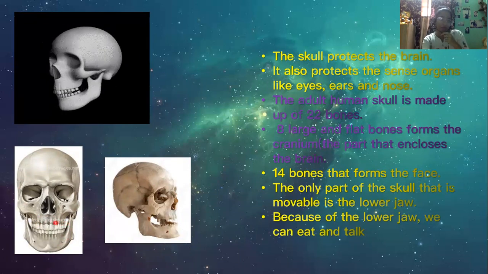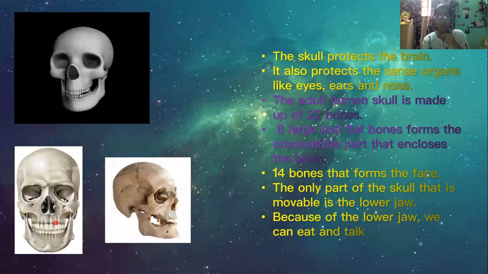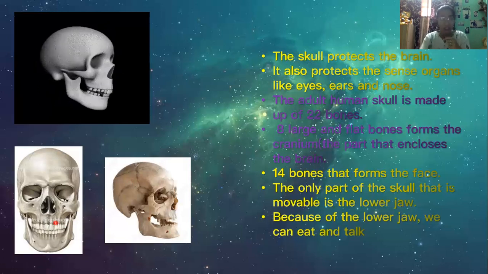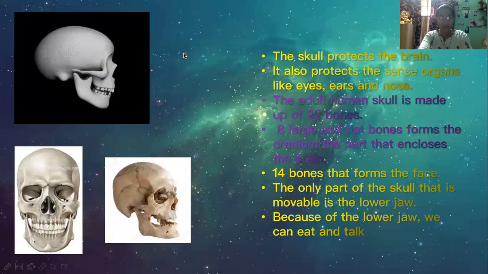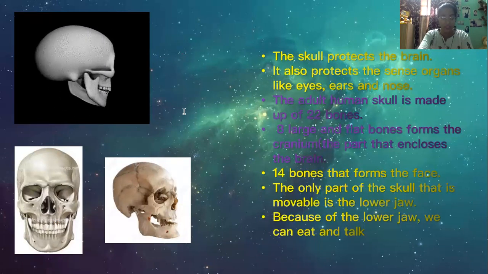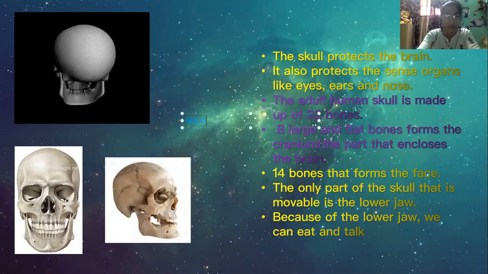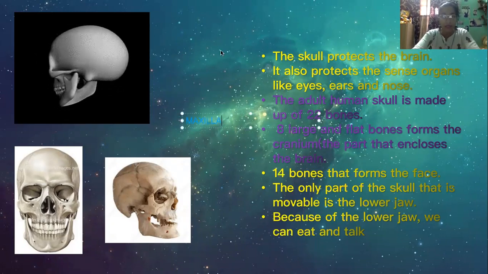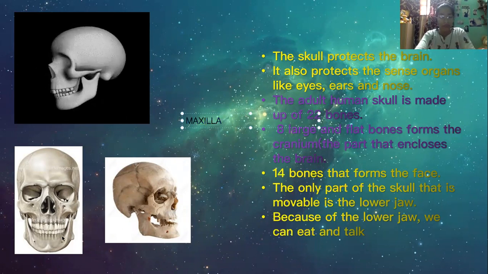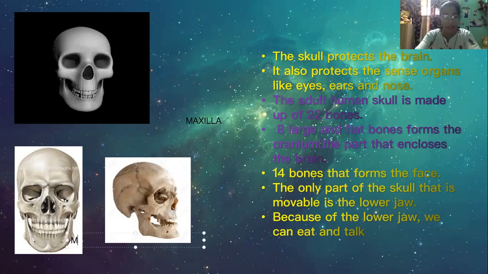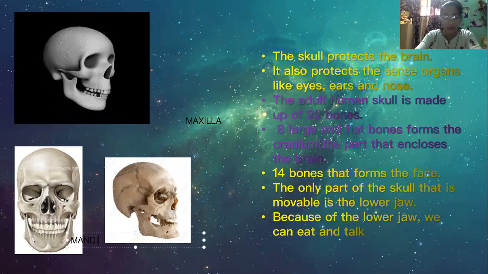If you want to know what the upper jaw is called in scientific terms, it is called maxilla. I'll write it down, just for added information. It's called maxilla. And the lower jaw is actually called the mandible.